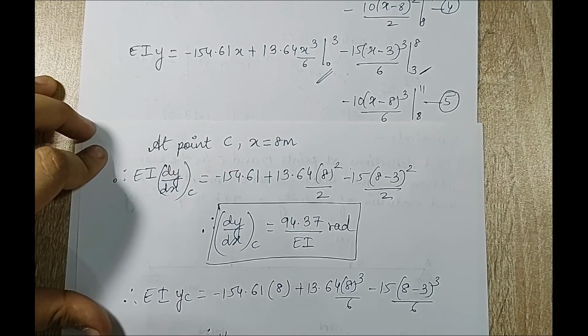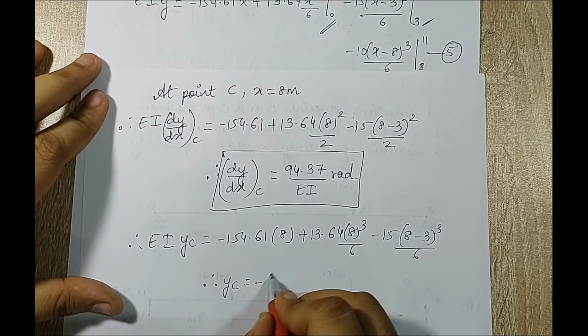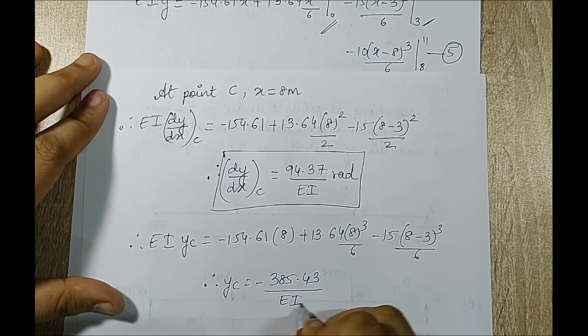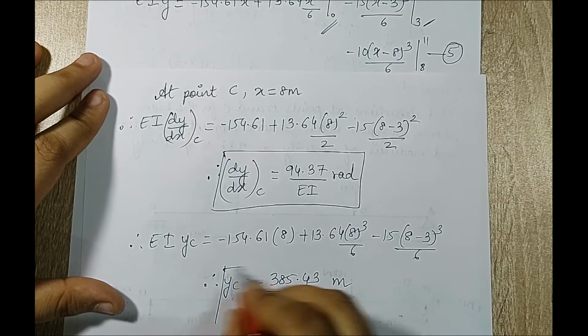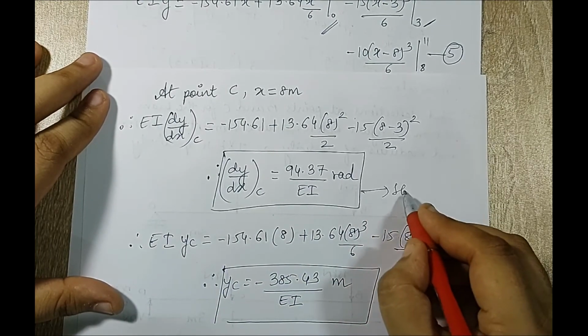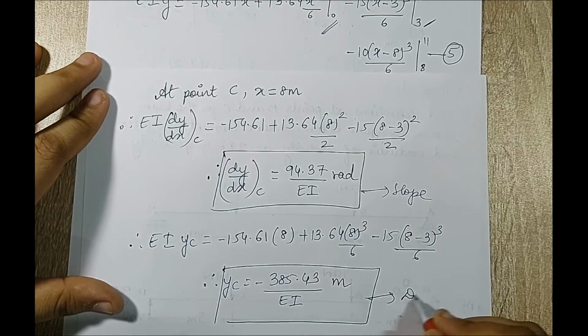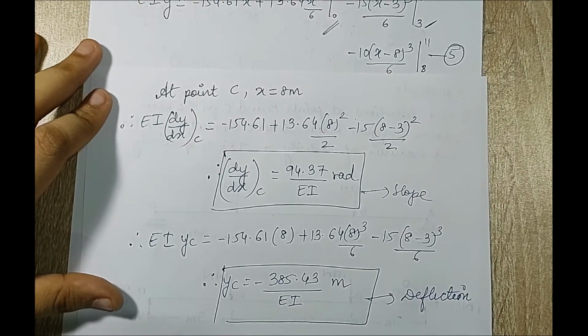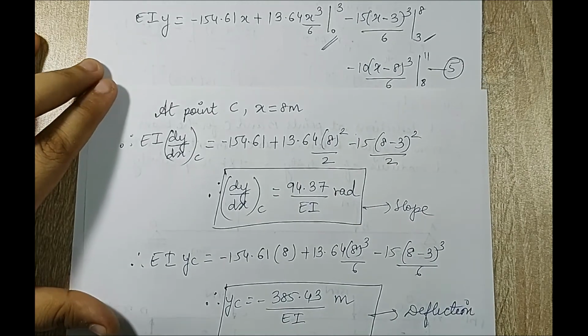I get the value of YC as minus 385.43 upon EI meter. Obviously this is my slope and this is my deflection at point C. So this is how the calculation is supposed to be done.